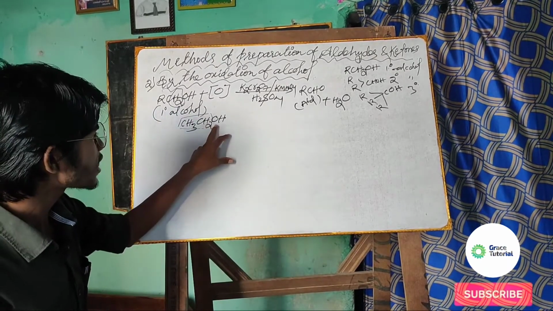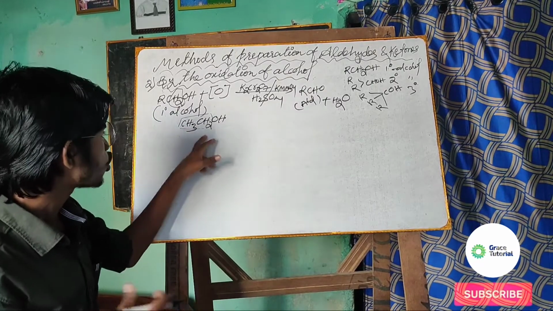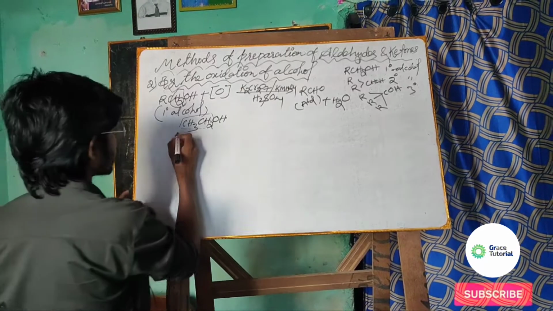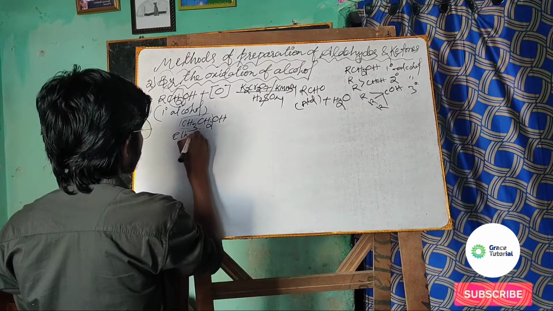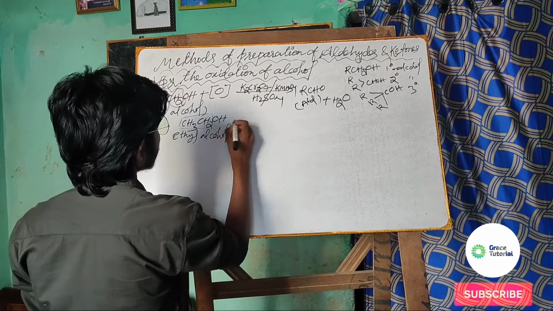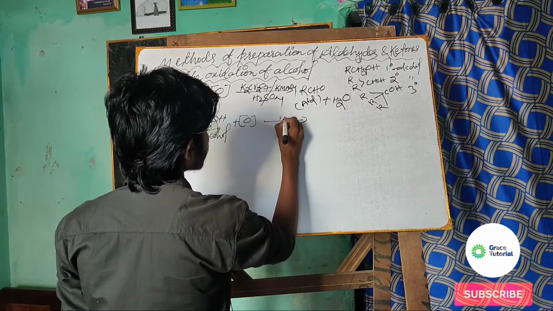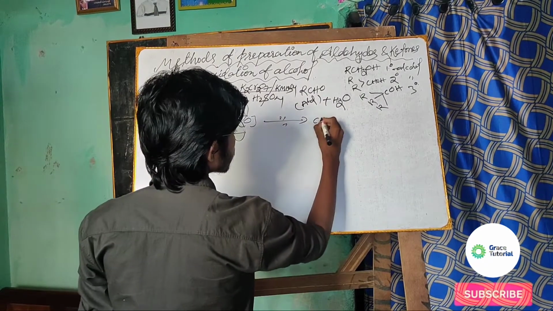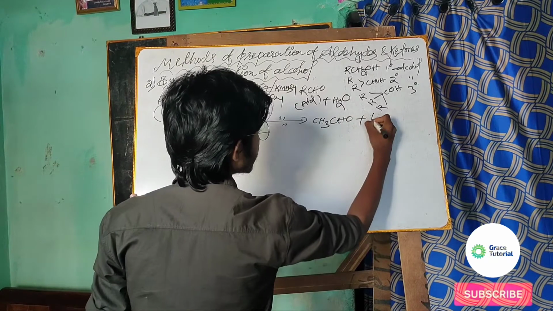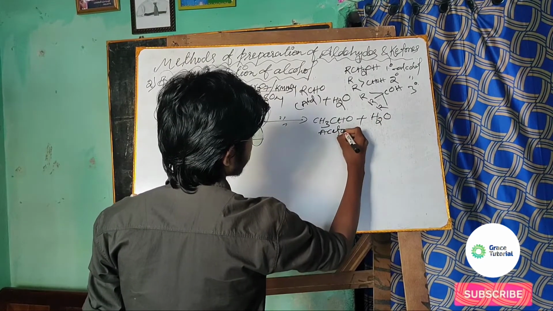That means alcohol is there, so the suffix of alcohol is -ol. So ethanol, or in the common name, ethyl alcohol. Ethyl alcohol, when it is oxidized in the presence of the same agents, what happens? CH3CHO, that is acetaldehyde, results with water molecule.